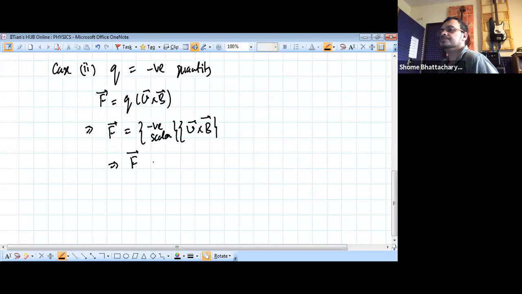F will become opposite or anti-parallel to v cross B.